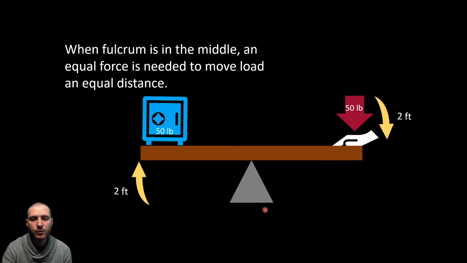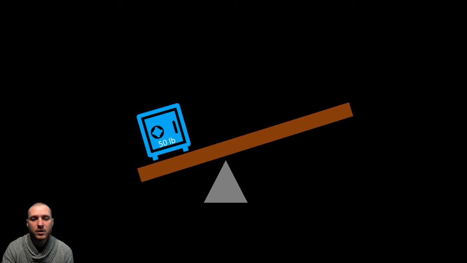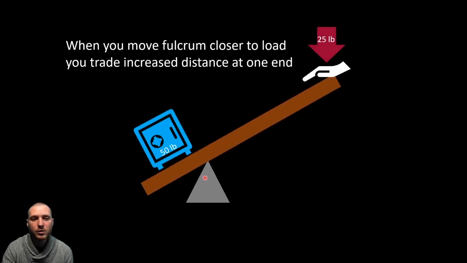And when this happens, when the fulcrum's in the middle, you need an equal force pushing down to lift the load going up. But we can change this scenario, whereas if we move the fulcrum closer to the load, we've now lengthened this effort arm on this side. And what this means is with a longer lever arm, we can use less weight to lift the same amount of load.